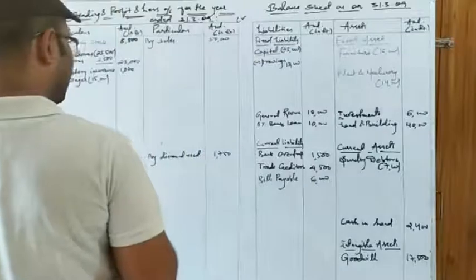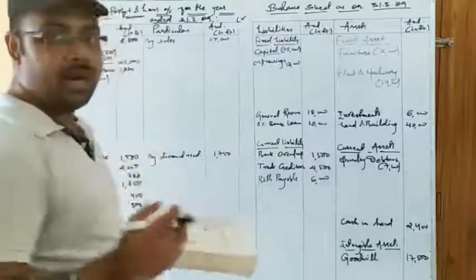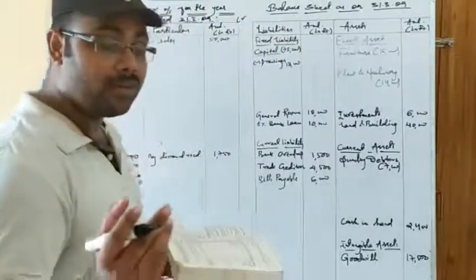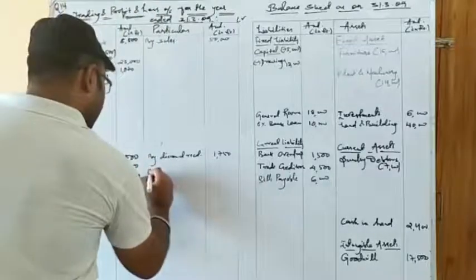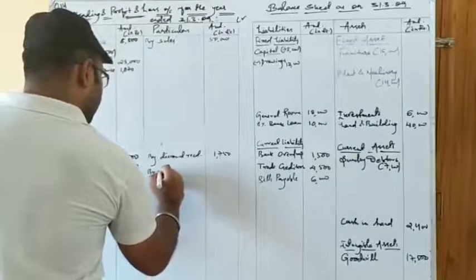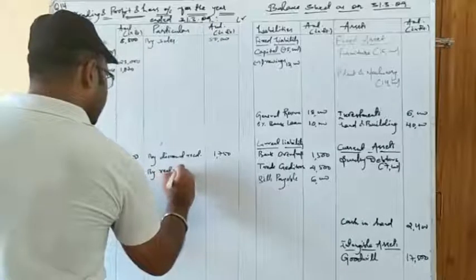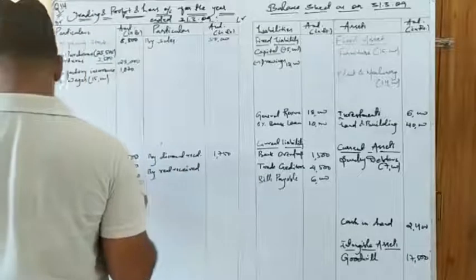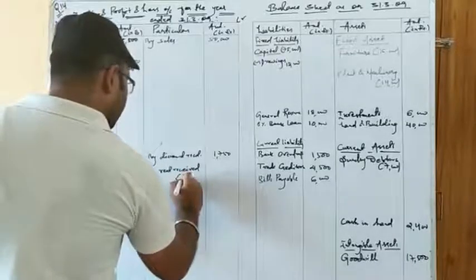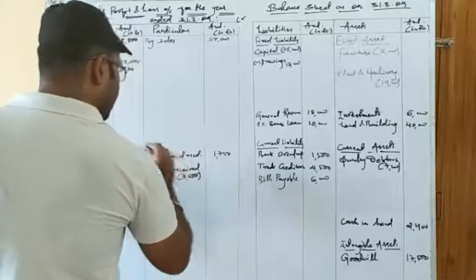Next is rent receipt. The last item is rent receipt, which we have pointed out as an adjustment. Rent receipt is an indirect income. We have to write it on the credit side of the profit and loss account as by rent receipt. Remember, we have an adjustment regarding this item, so we will keep this value in the inner column.